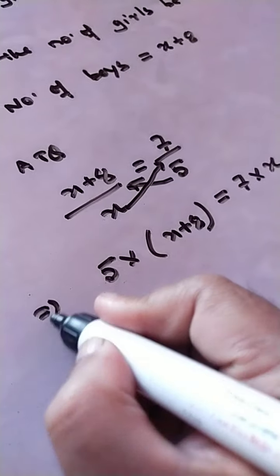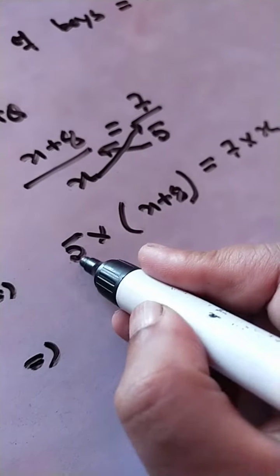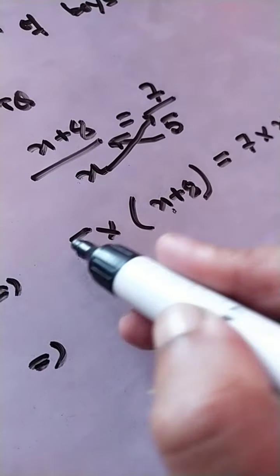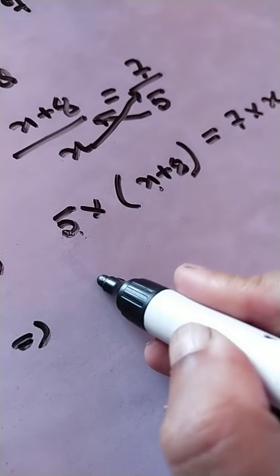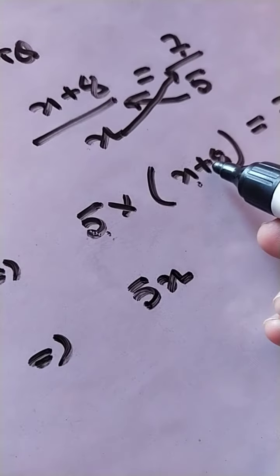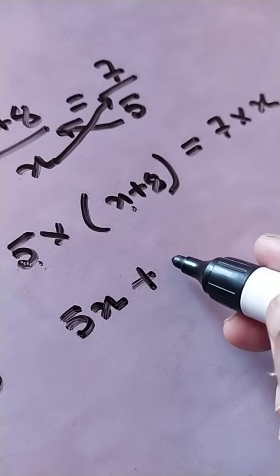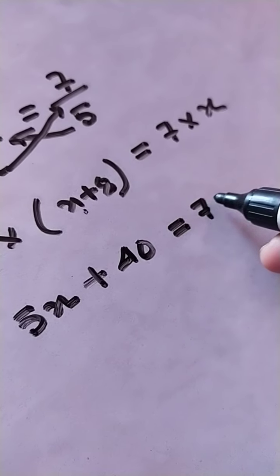Now how do we open this, a monomial with a binomial? We have to multiply this 5 with x and also 5 with 8. So 5 into x is 5x. This 5 is carrying a plus sign and here is also a plus sign, so plus would be plus. 5 into 8 is 40, equals 7 into x, which is 7x.